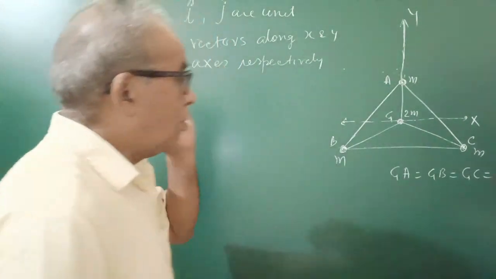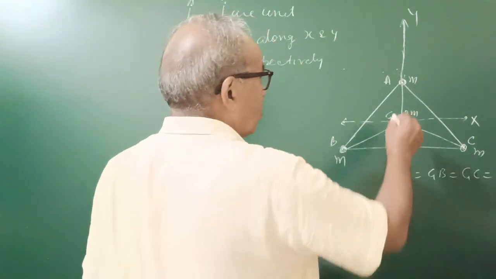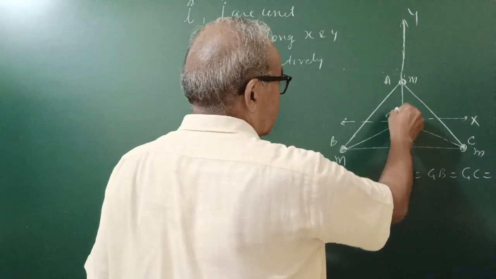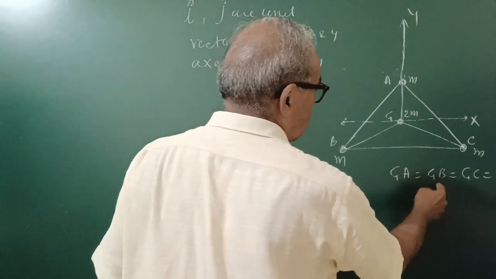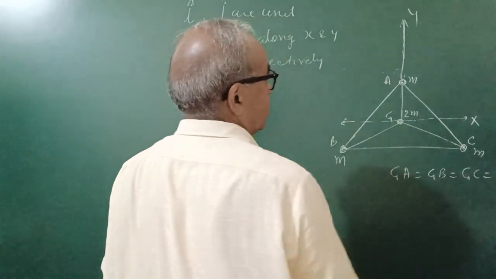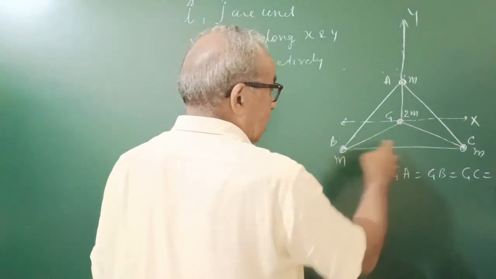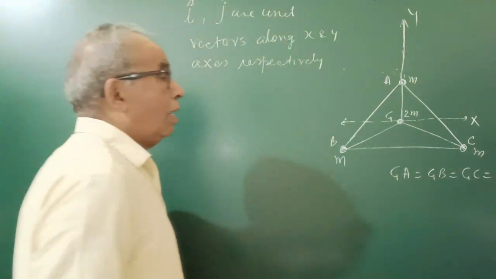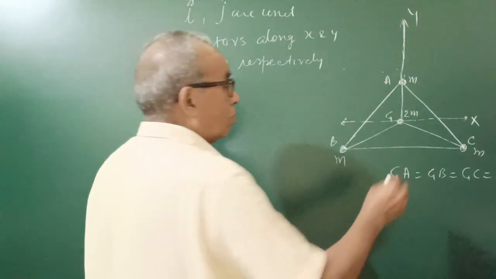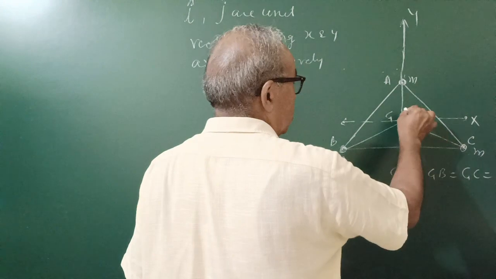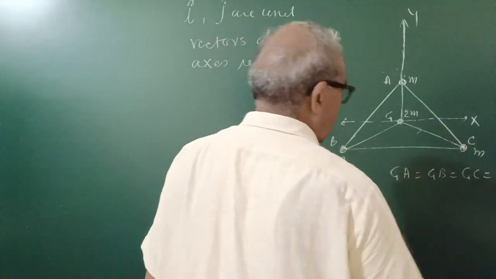So simply, you can understand that the distances GA, GB and GC are equal, 1 meter. The force vectors due to each mass M have the same magnitude, and these forces are at 120 degrees from each other. This is 120, 120, 120.